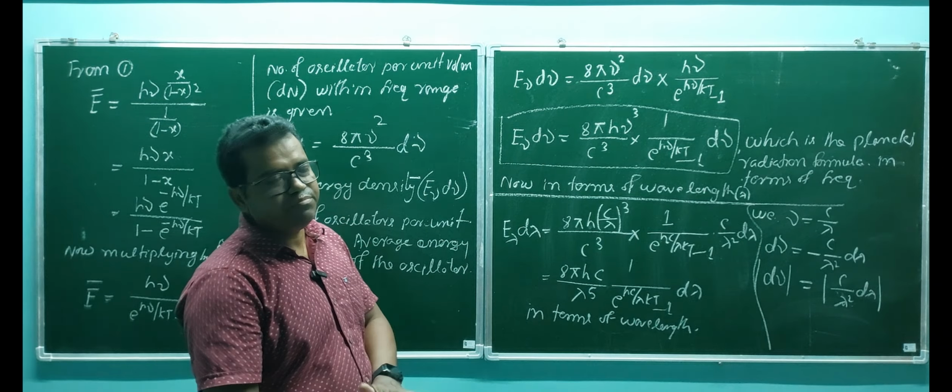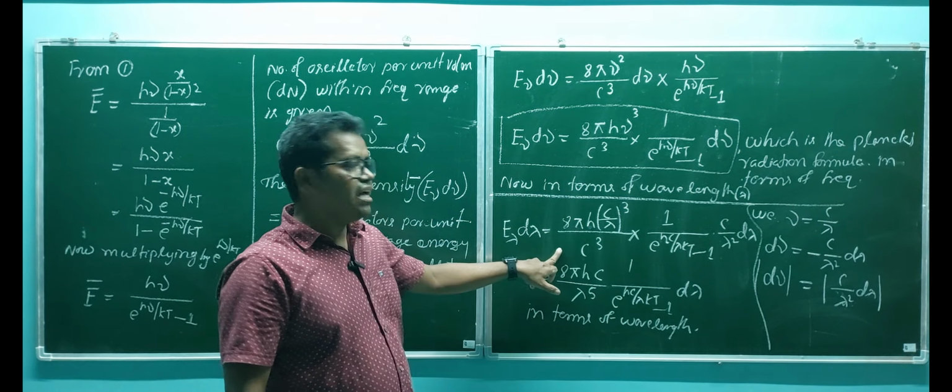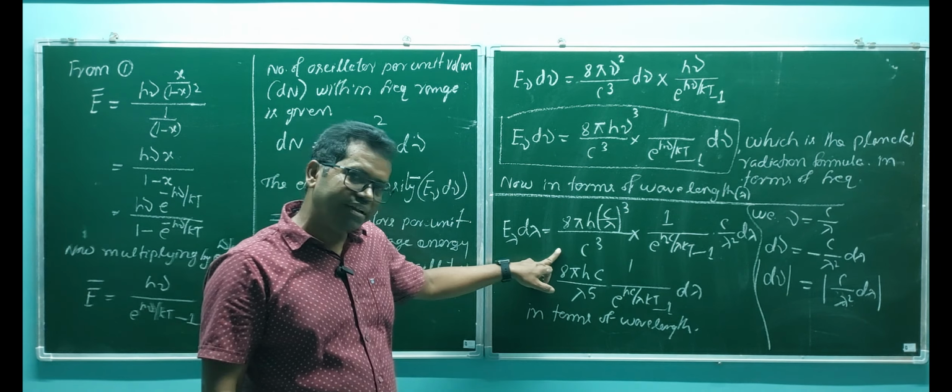So we have derived Planck's radiation formula in terms of frequency, and this is Planck's radiation formula in terms of wavelength.